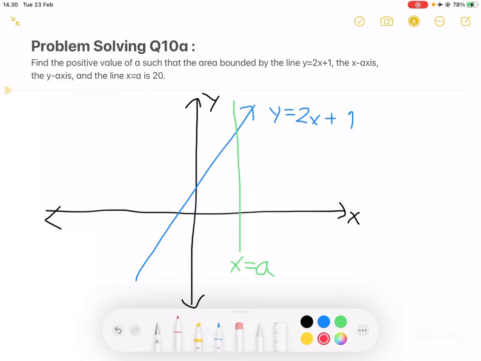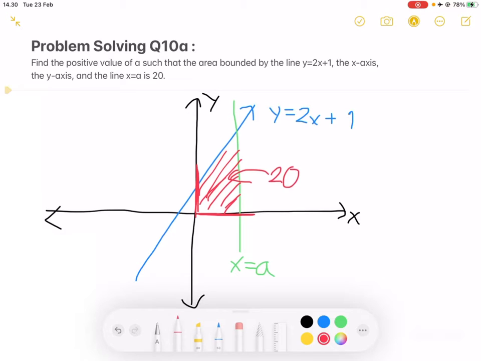And then it's bounded between the x-axis, the y-axis, and the two lines right here. So this area, shaded in red, must be equal to 20, specifically 20 units squared.